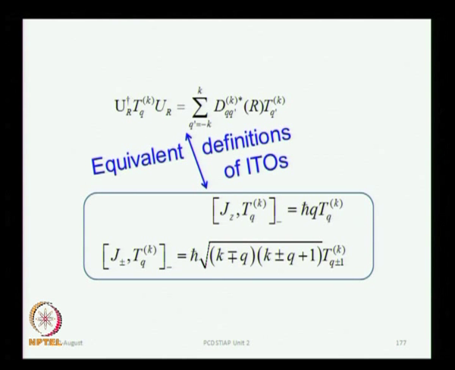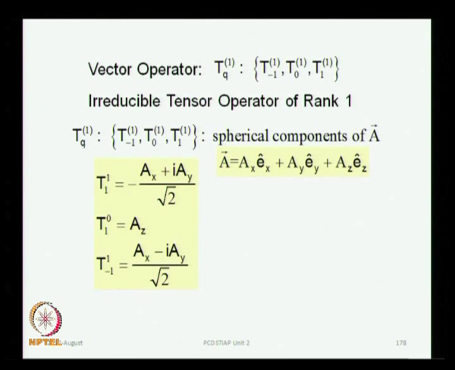Okay. So, j plus and j minus you know are made up of jx and jy. So, the commutation relations of the irreducible tensor operators can also be used to define irreducible tensor operators. You can take an example over here of an irreducible tensor operator of rank 1. You expect it to be a vector operator.